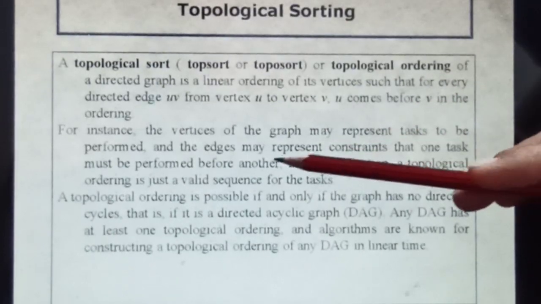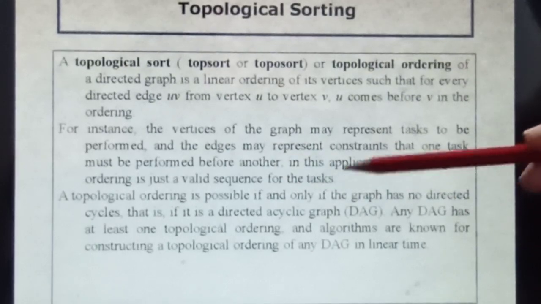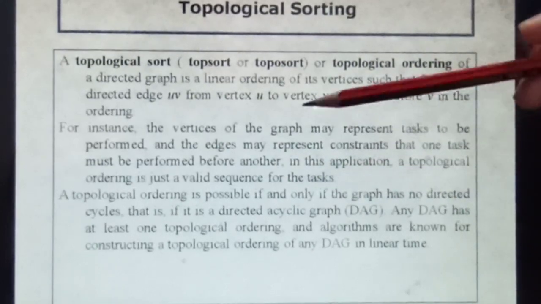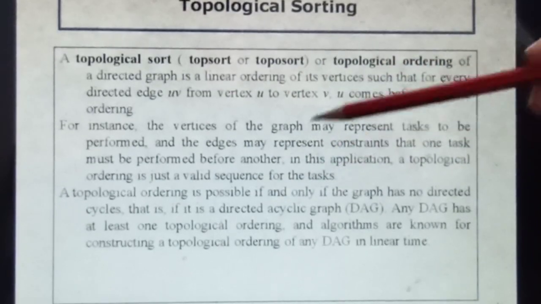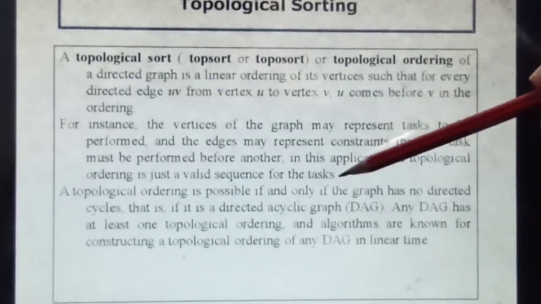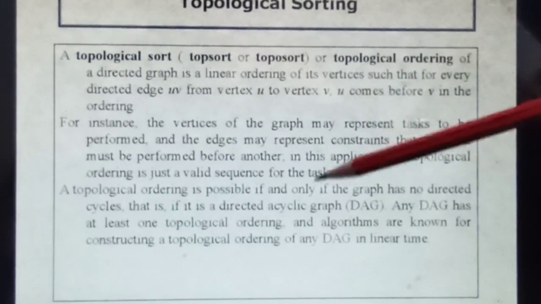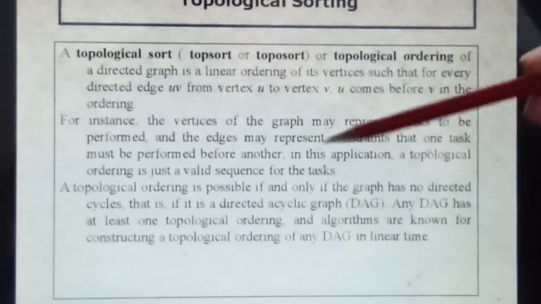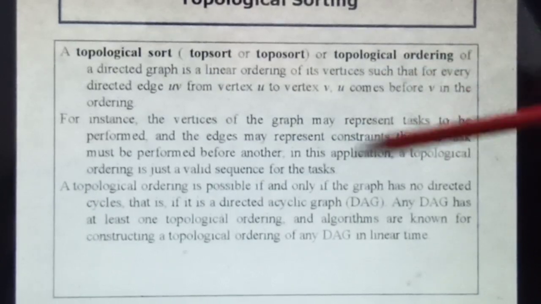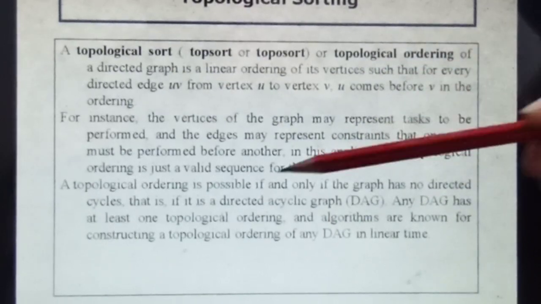A topological ordering is just a valid sequence for the tasks. The graph vertices are the tasks, and the edges represent the conditions based on how to work.